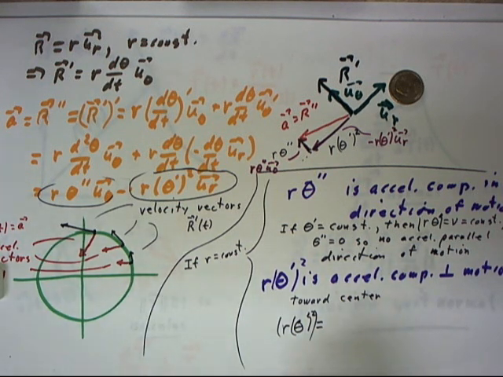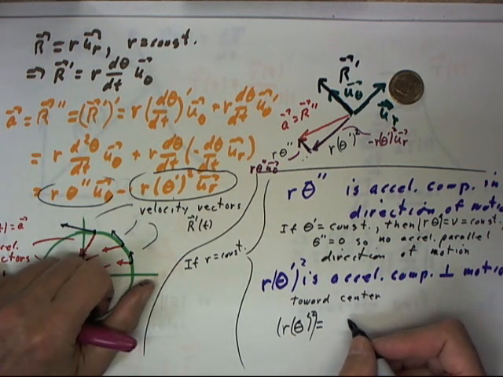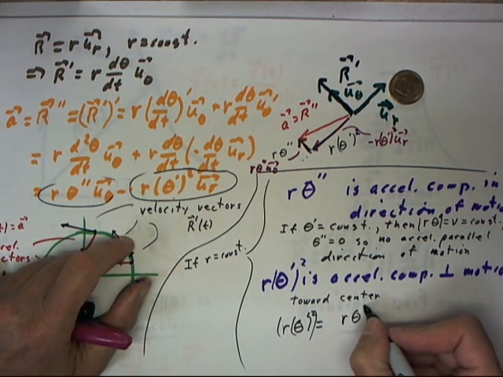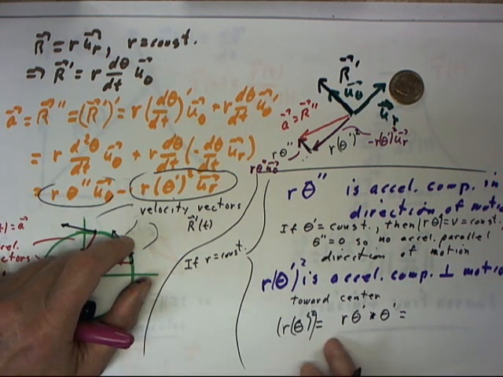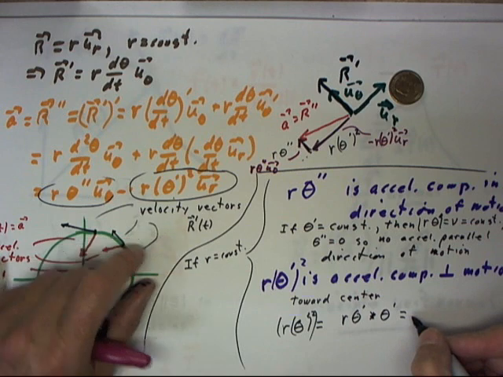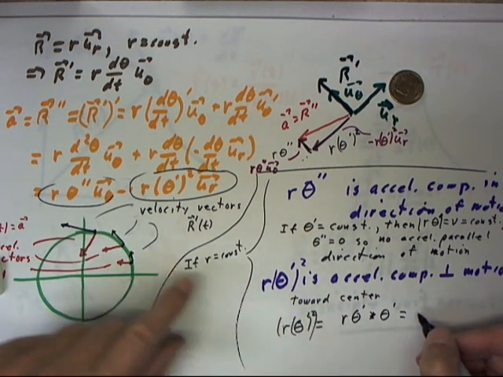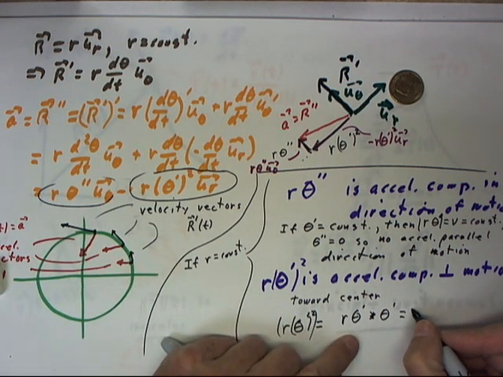In any case, r theta prime squared is what? That's r theta prime times theta prime. Why do I write it this way? Because r theta prime, in the interpretation where t is time, is just the velocity.